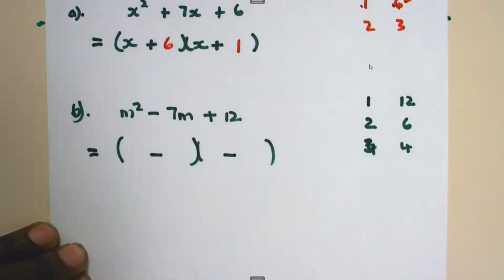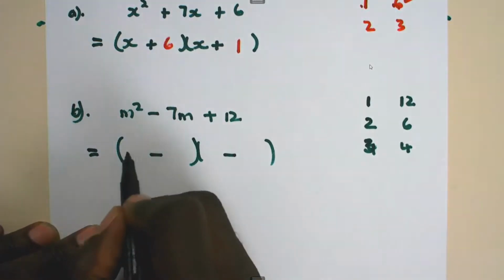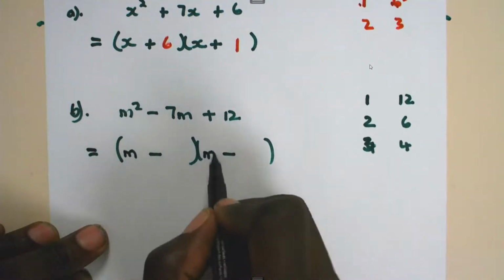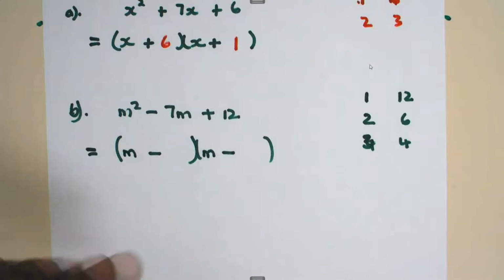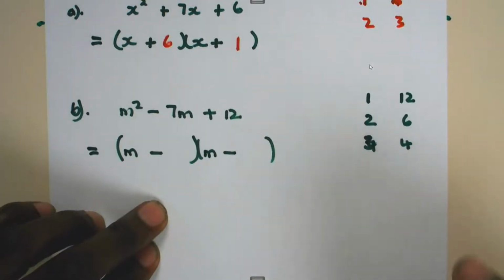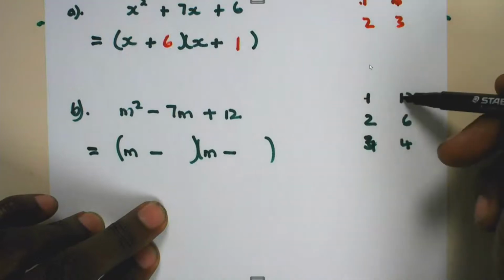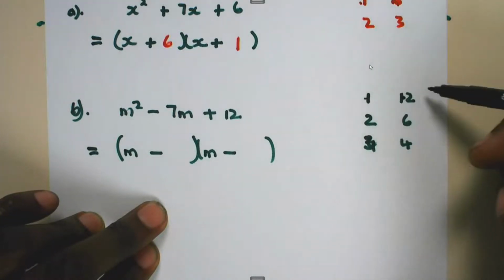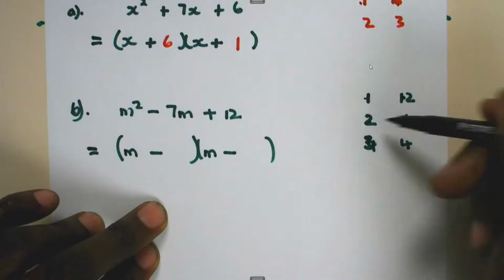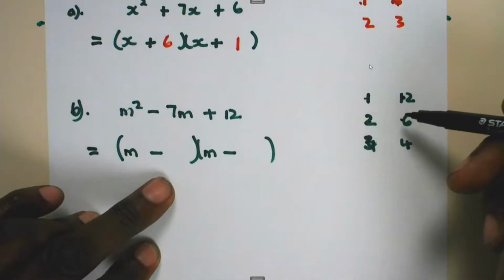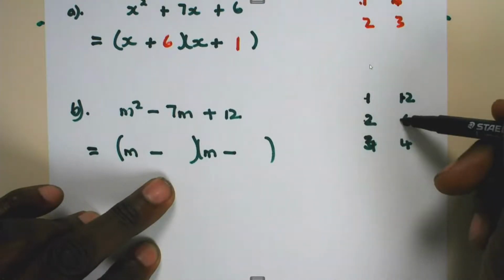And the factors of m, this is m. If you add 1 and 12 as negatives, it's negative 13. If you add 2 and 6, both negative, it's 8.